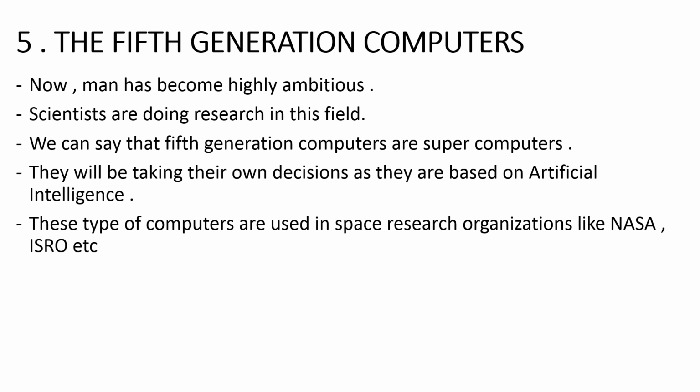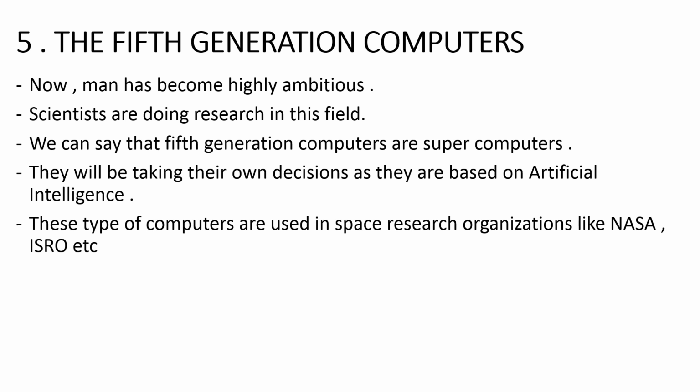And this own decision taking technology is based on what? Artificial intelligence. So in short, I will explain what is meant by artificial intelligence, because you are going to study about it in higher standards.